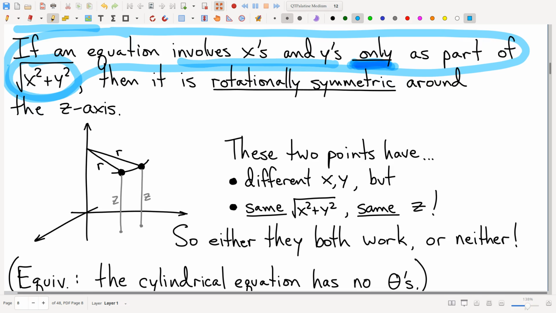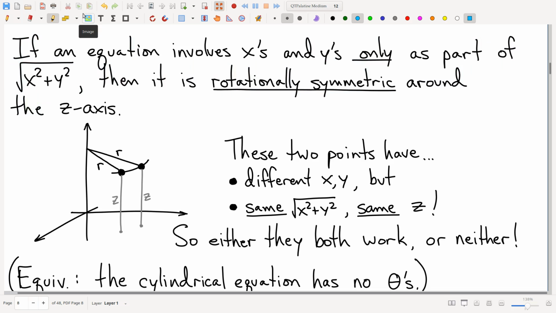Sometimes, surprisingly often, again, that'll be the only way that x and y appear in your equation. And when that happens, it's awesome. It's a super cool conclusion that you get to basically snap your fingers and draw a conclusion that the surface is rotationally symmetric around the z-axis. Really cool conclusion. Now let's talk about why this is true.